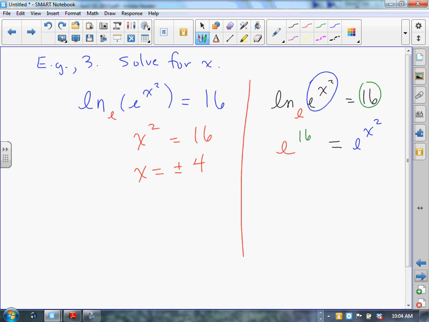And then because the bases are the same, we can then say that the exponents are identical. And then plus or minus 4 is your value for x. So there's just a few examples that give you an idea of how to employ the properties in solving logarithmic and exponential equations that involve base e. Okay. Any questions before we move forward on a few practice problems?